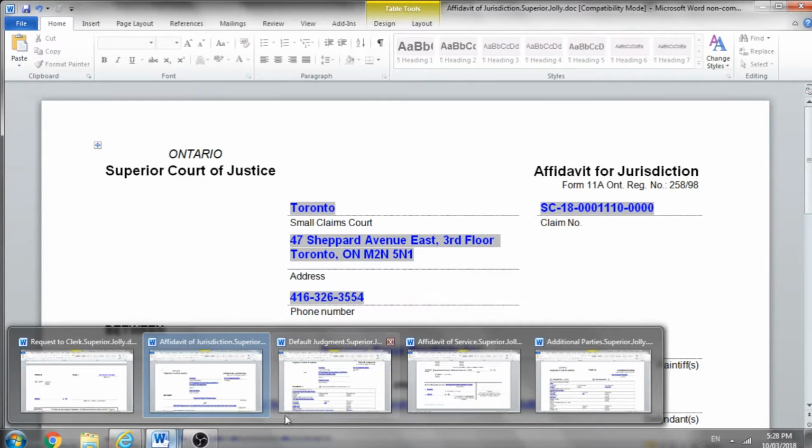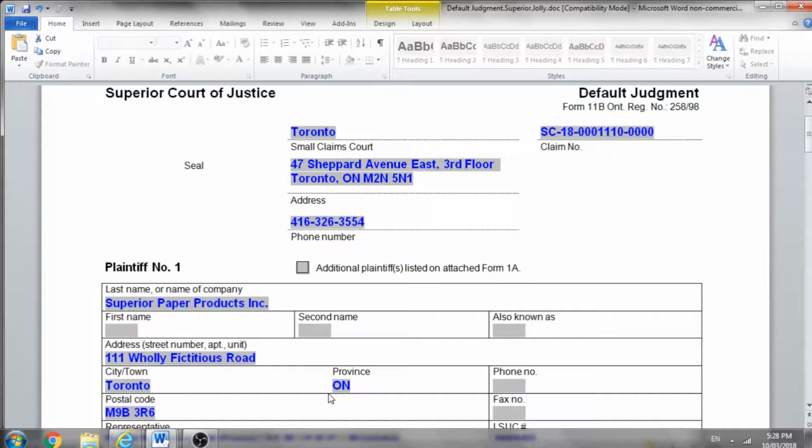Now, one of the nice things about obtaining default judgment for a liquidated sum is that a judge does not have to sign judgment. A clerk of the court can sign judgment. So when filing your request to court clerk to note default and your affidavit of service or affidavits of service and potentially your affidavit of jurisdiction, you'll also want to present to the court clerk several copies of the default judgment.